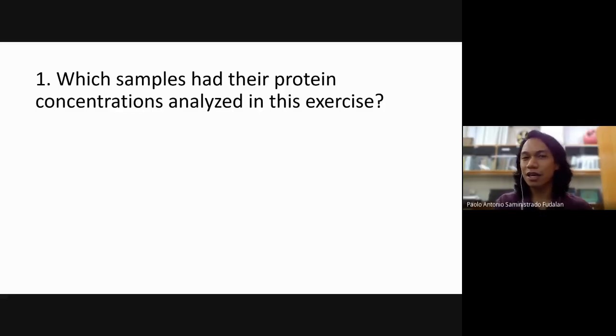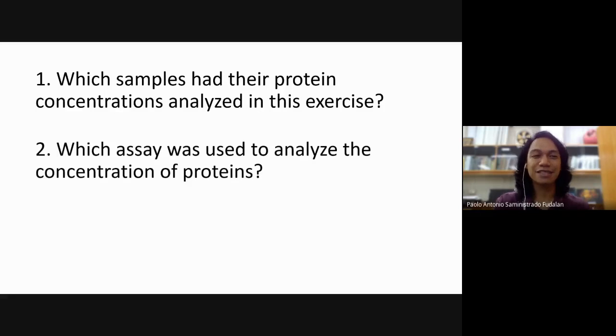So not necessarily of different brands, but they could be of a different variant of the milk produced by that brand. I hope you observed the nutrition facts label because later on in the exercise, it asks you to compare your findings on the concentration of protein of the sample versus what was advertised in the box. So I hope you did that one.